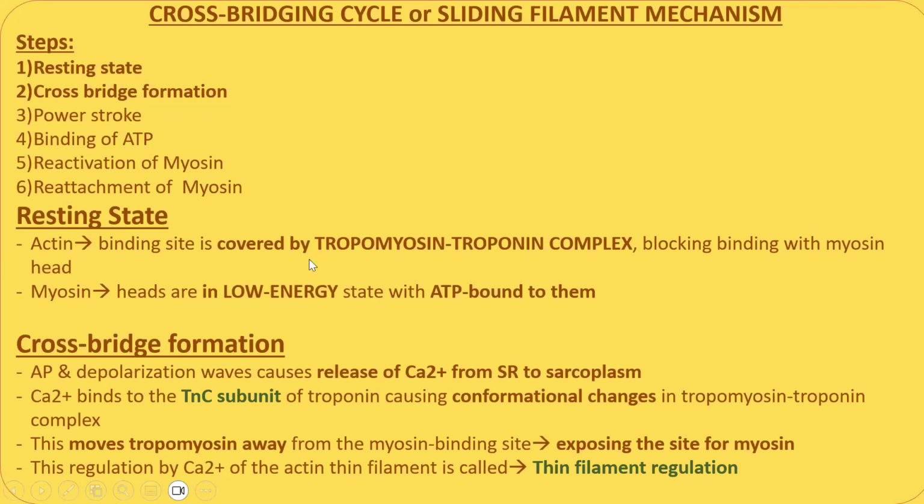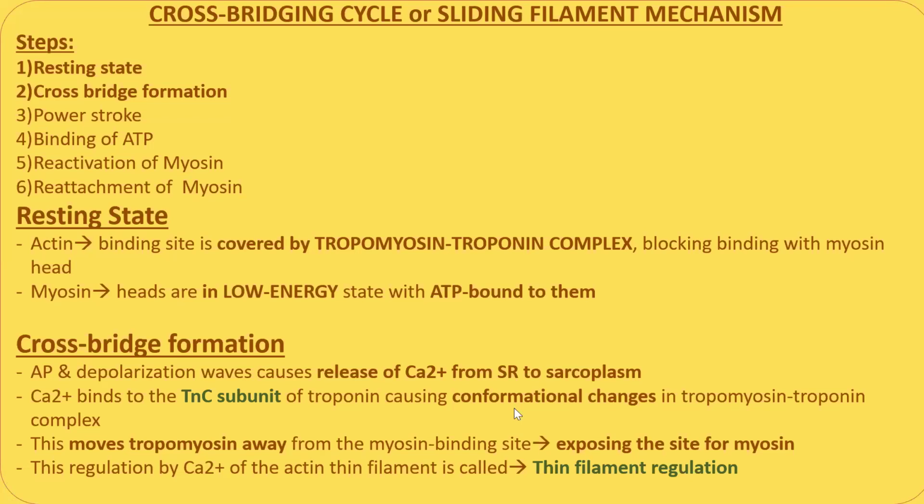Now what happens is that we have high calcium from outside the cell, and calcium from the sarcoplasmic reticulum all went into the cytoplasm. Calcium is the initiator of this cross-bridge cycle. Calcium will go and bind to TnC subunits, as we discussed. It will cause a conformational change. I just want to point out that whenever anything binds to a protein, a receptor, or an enzyme, it will cause a conformational change.